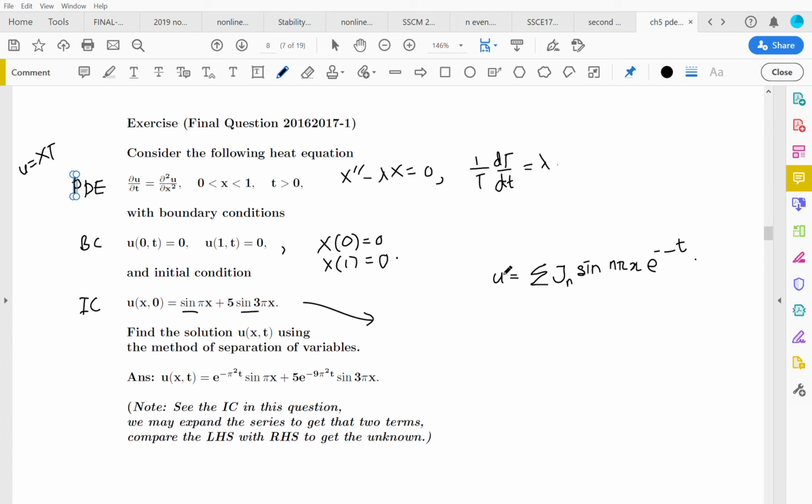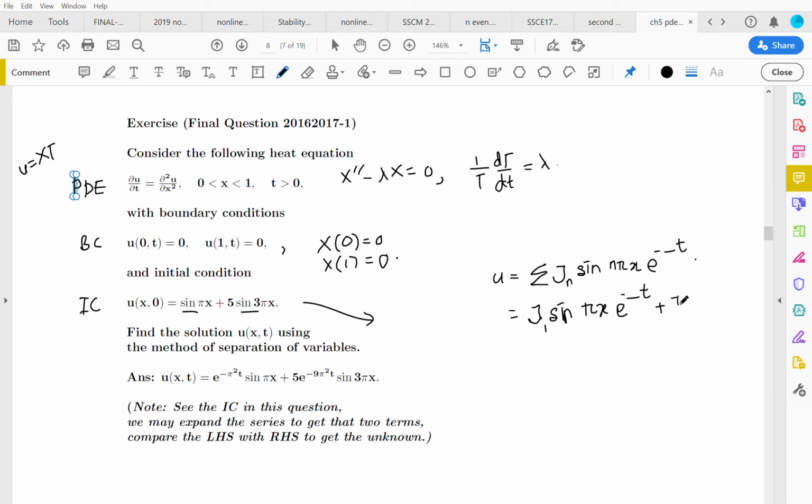If you expand the summation here, for n equal to 1 you will have J1 sine pi x multiplied by the exponential of negative n squared pi squared something, okay, you have to check.